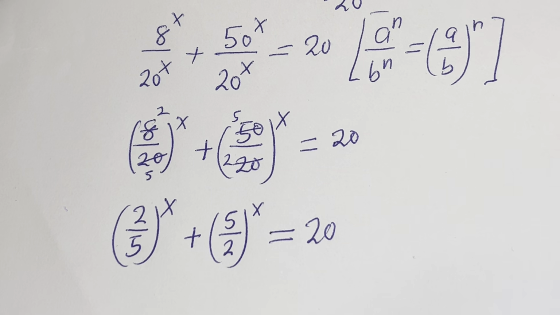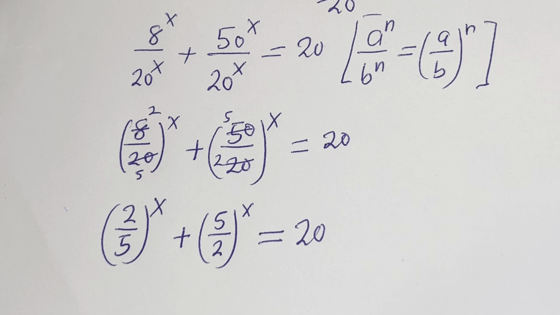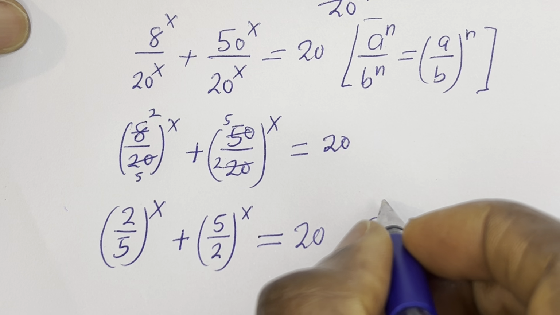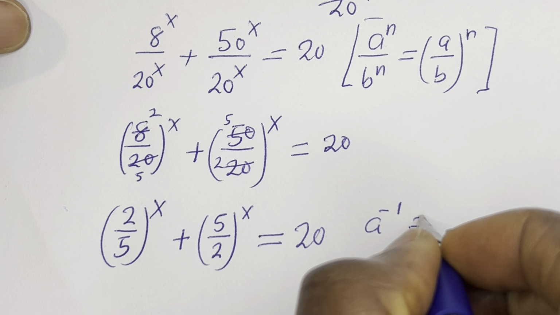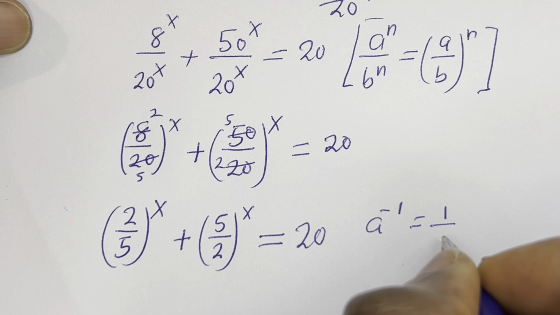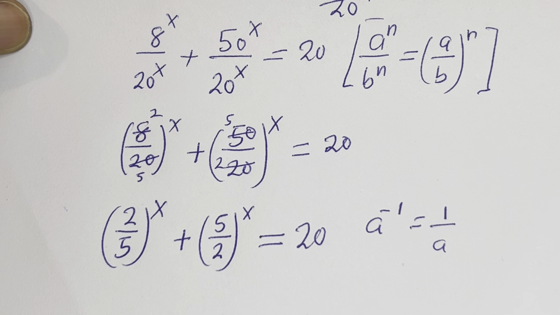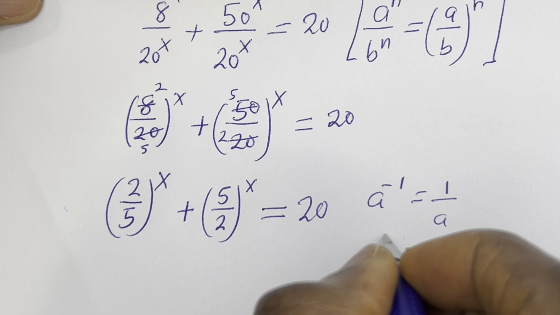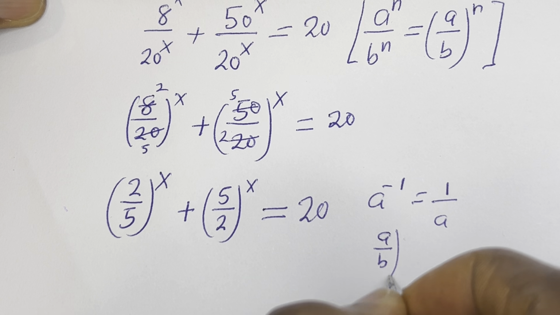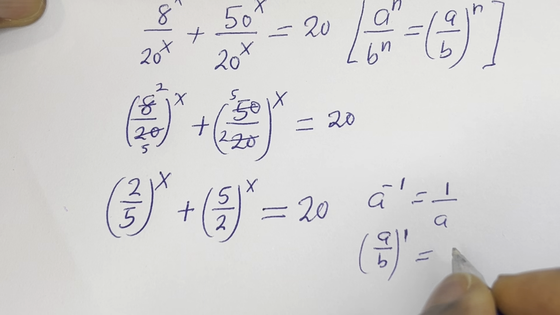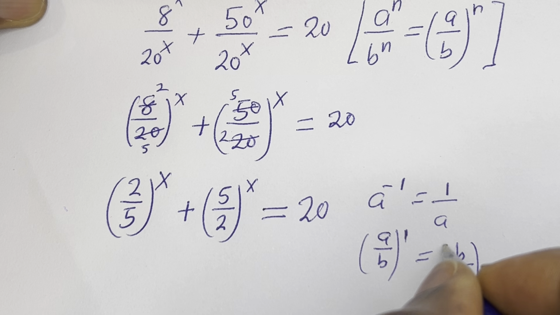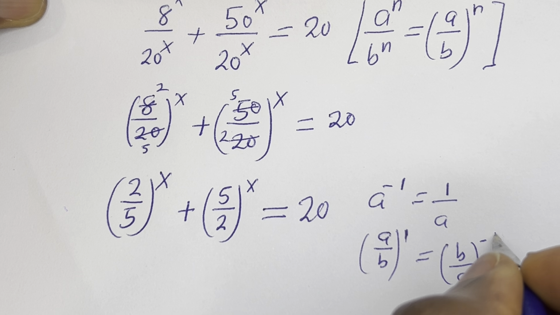Now if you have a to the power of minus 1, this is equal to 1 divided by a. Then if you have a divided by b to the power of 1, this is equal to b divided by a to the power of minus 1.